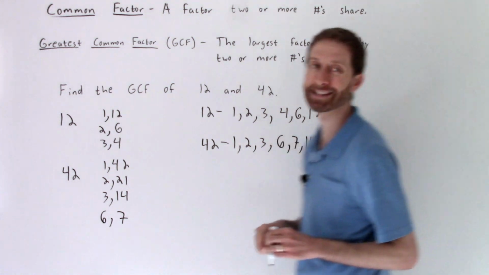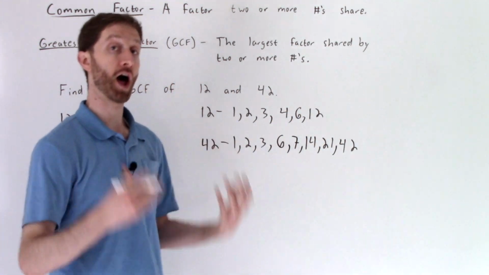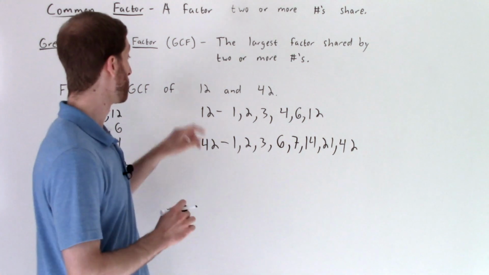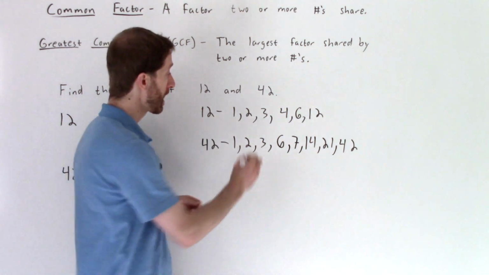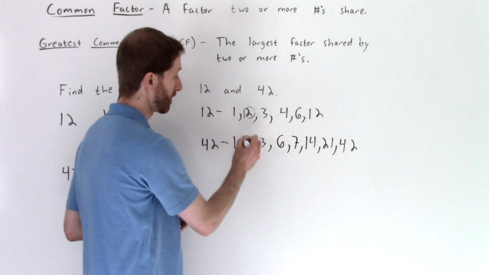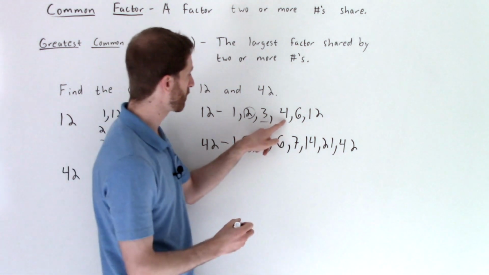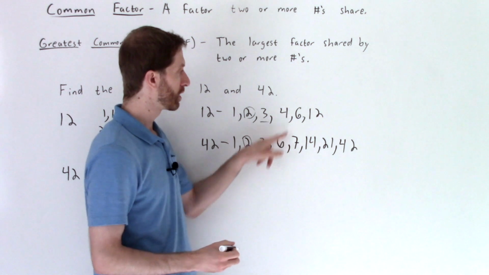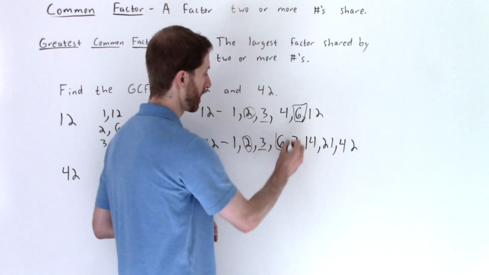So we look at these lists now that we have them, and we just look and see what the common factors are, the numbers that go into both 12 and 42. Well, 1 goes into both of them, and 2 is a common factor here and here. 3 is also a common factor as well. And if we keep going, 4 does not go into 42, but we notice that 6 goes into both 12 and 42.